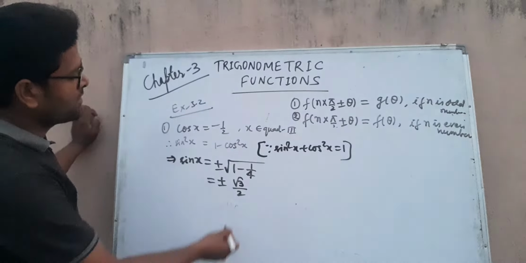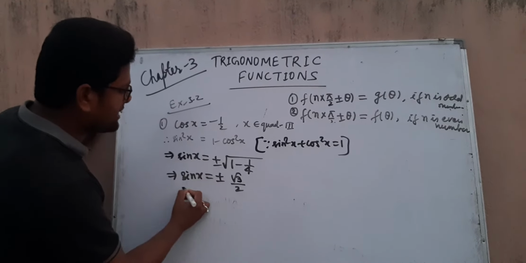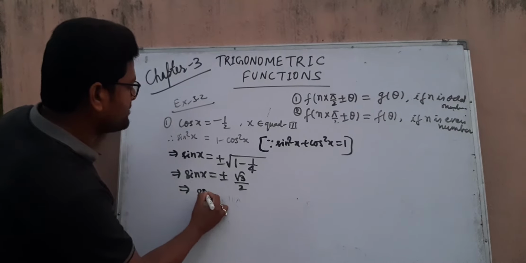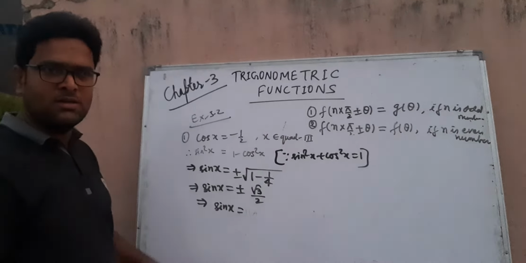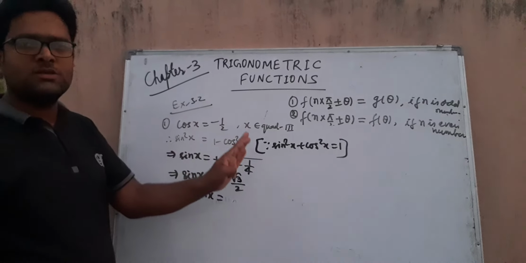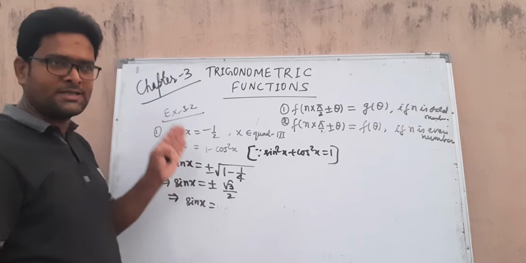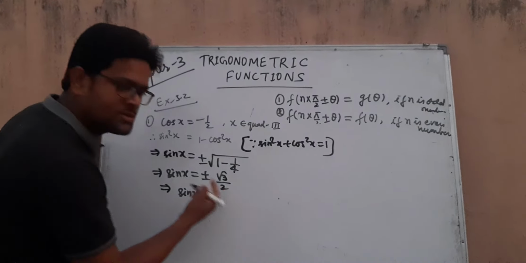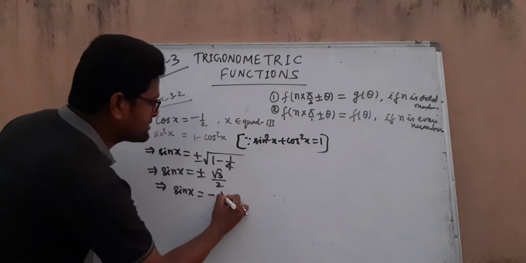Now we have to think about the quadrant, then we will write the sign of sin x. x belongs to the third quadrant. In the third quadrant, it is the place for tangent and cotangent functions. So sine will be negative, because the sine function is positive in the first and second quadrants. So it will be minus root 3 by 2.